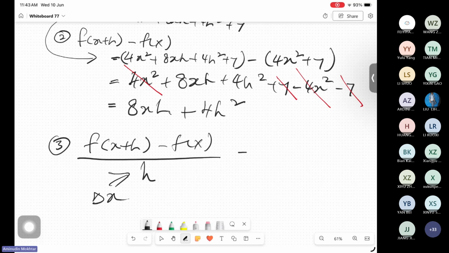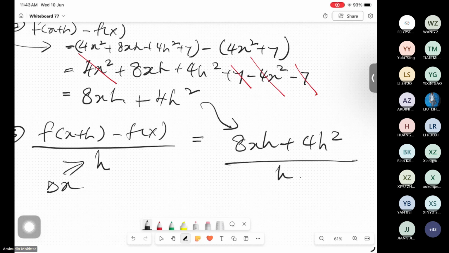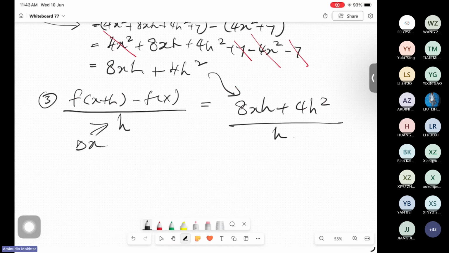So we know that from step 2, we get 8xh plus 4h squared divided by h. Okay, so we can simplify this. The answer is 8x plus 4h.